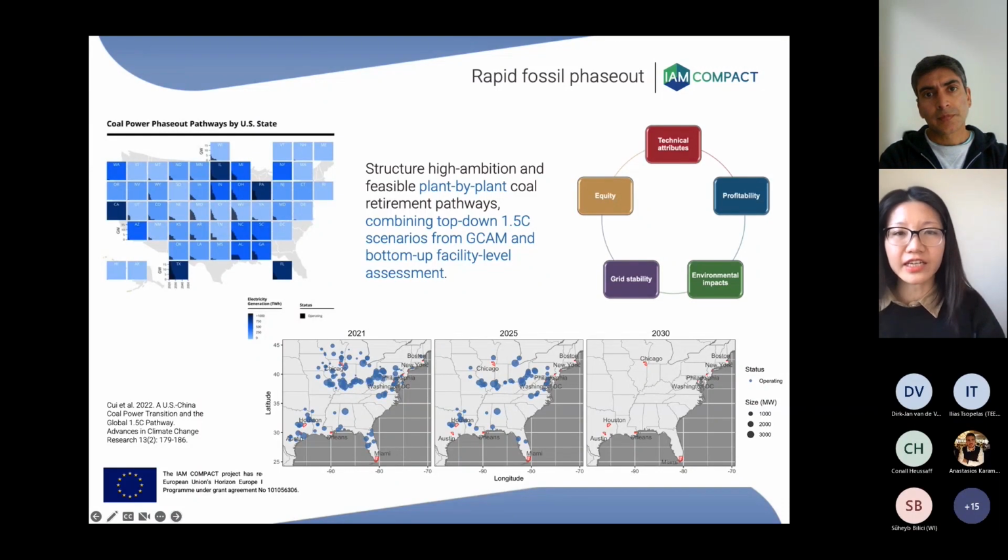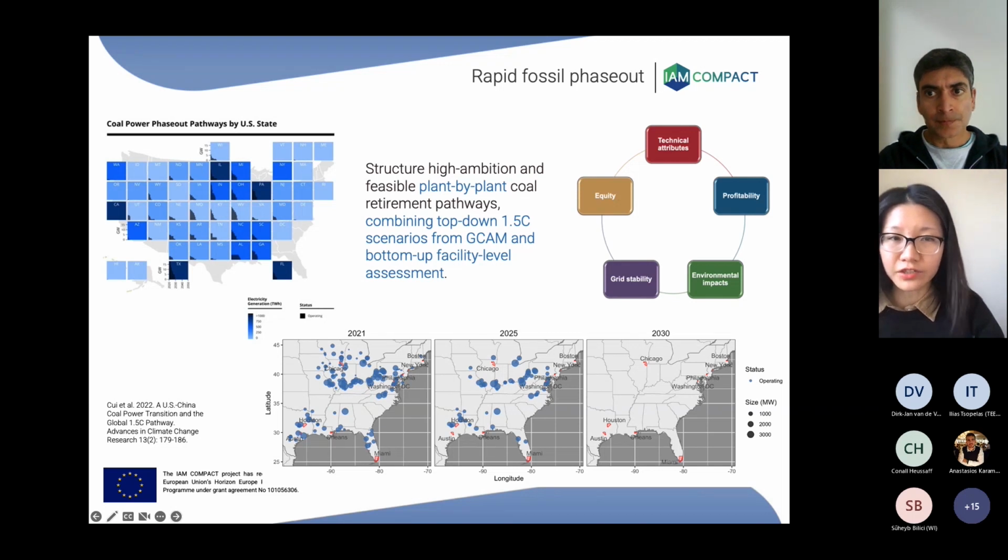The other application we did is to combine a long-term scenario from GCAM USA, that's aligned with the 1.5 global ambition target, with a bottom-up facility-level system.